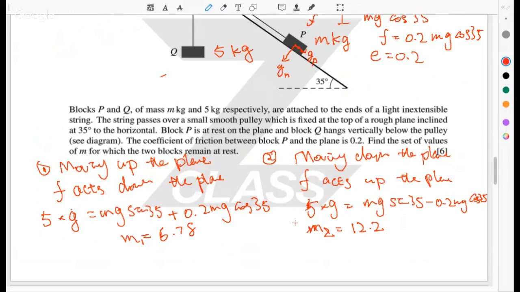Okay. And because these two cases are the limiting cases, the mass can take any value in between these two limiting cases. So mass is anything between 12.2 kilograms and 6.78 kilograms.